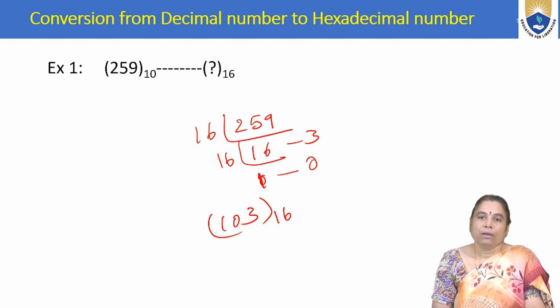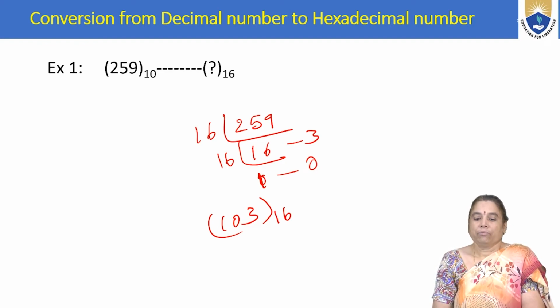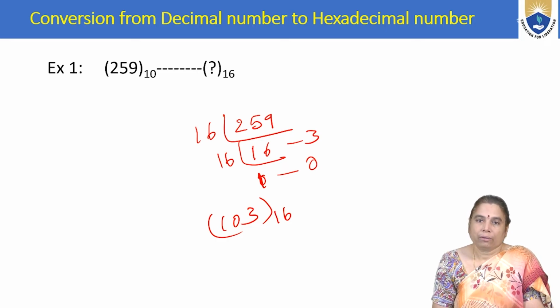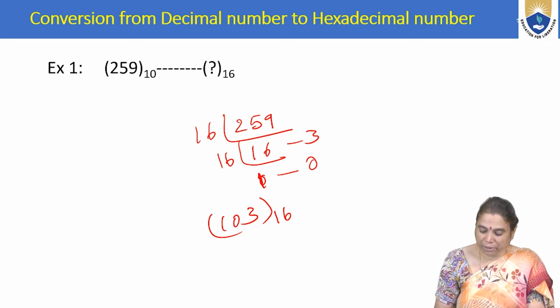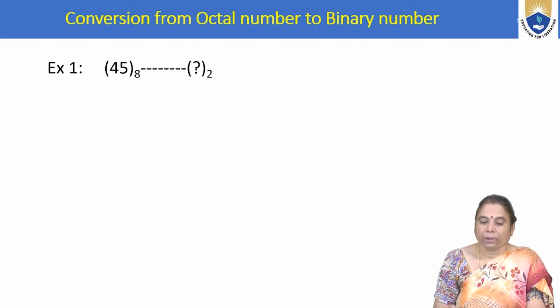In this way, while converting from a decimal number to the corresponding number system, the decimal number is divided by the corresponding radix value of the number system, and whatever remainders we get can be written in bottom up fashion in order to get the equivalent converted number of the corresponding number system.